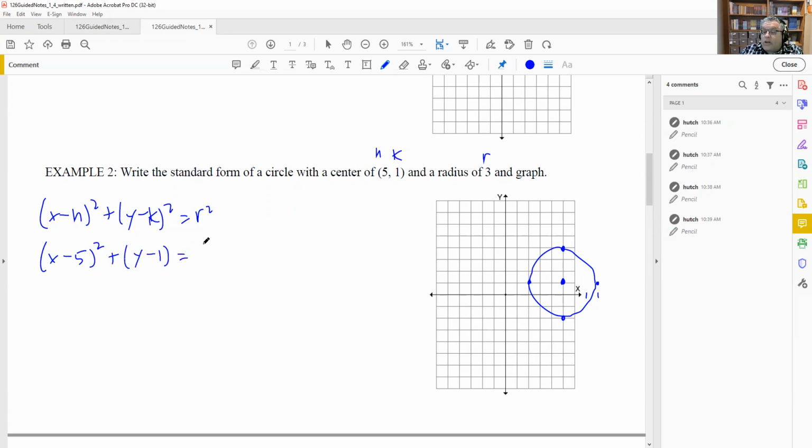And then I can either write this as 3 squared, or if you don't want to write 3 squared like that, you can also just write it as a 9. Either one of those would be acceptable. Again, MyOpenMath would take either one of those for the answer on that. Okay, so we have that one. And that's all you have to do on this.